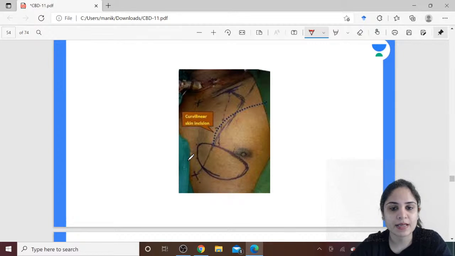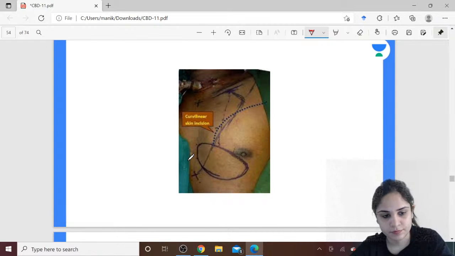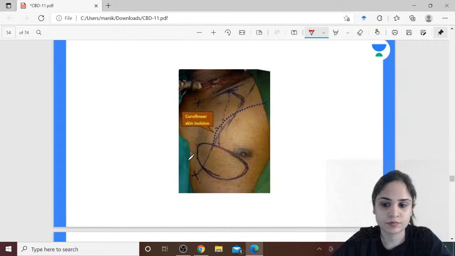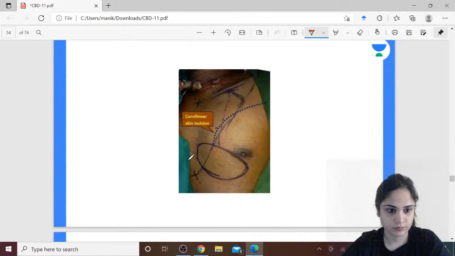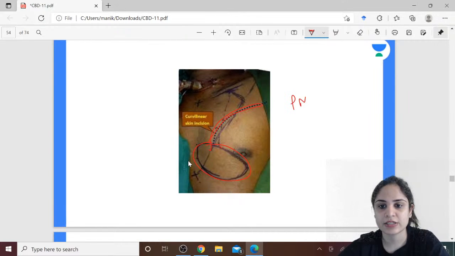Identify this flap and for which surgery is it taken, for which cancer is it taken. Identify this flap and for which cancer is it taken. Okay, so this is what muscle? The muscle that we are taking over here is your pectoralis major muscle.